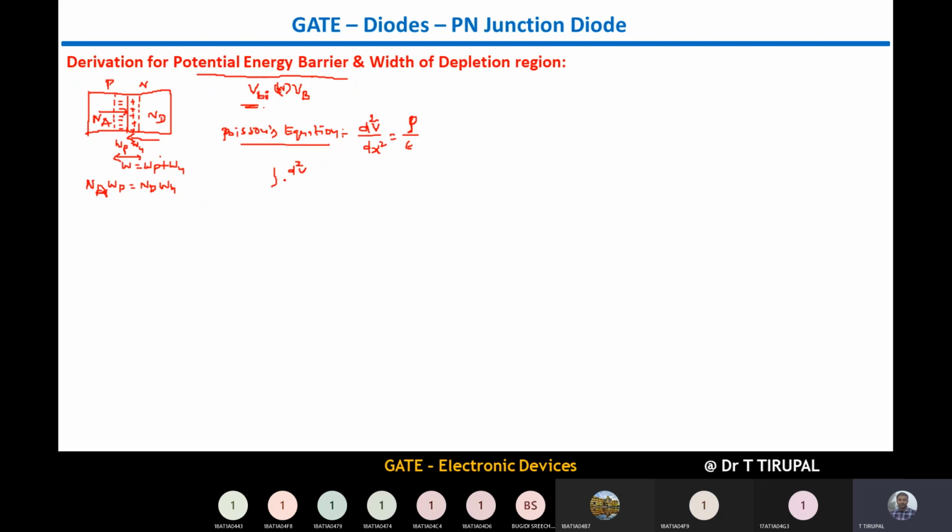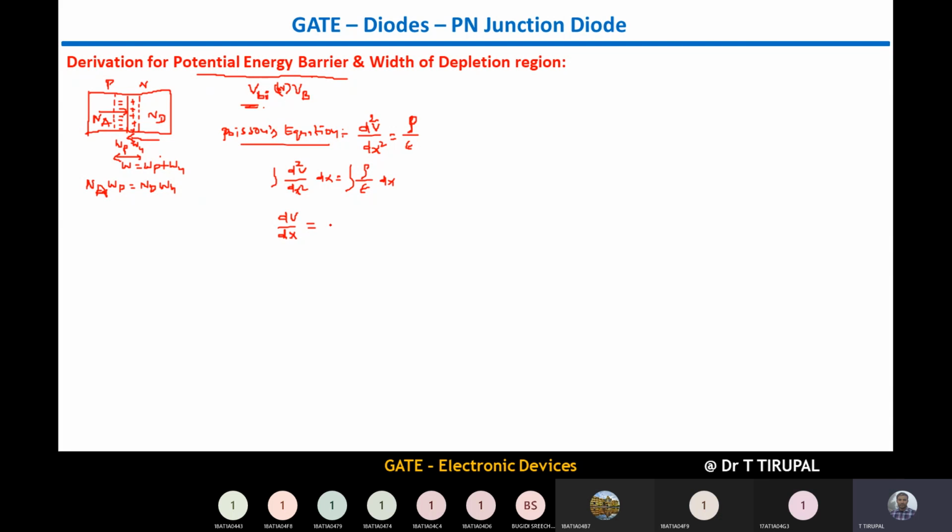Integration of d square V by dx square with respect to dx is equal to integration of rho by epsilon dx. So what do you get? You get dV by dx, because integration of d square V by dx square is dV by dx, that is equal to rho by epsilon.